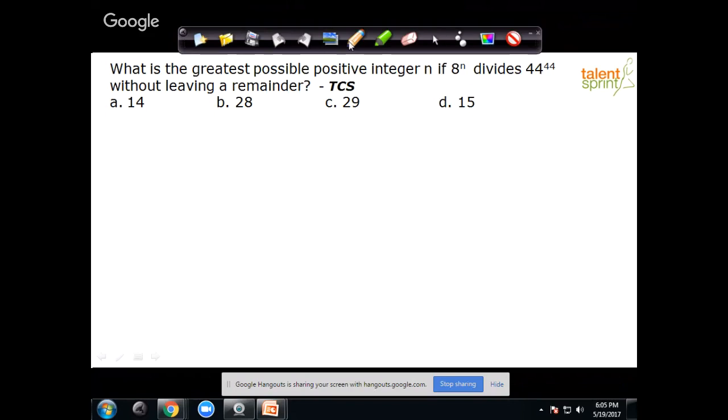When you prepare for TCS, one thing to keep in mind is to prepare the topic of numbers very well. A lot of questions in TCS come from numbers. So let us look at this question.